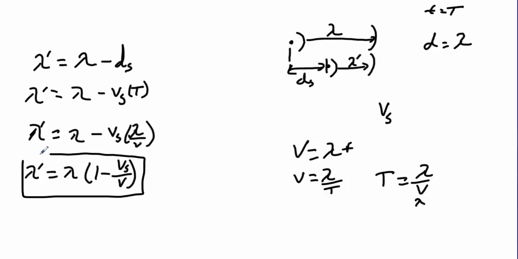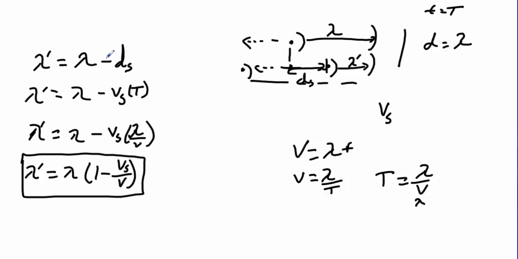Now this equation applies only when the source is moving towards us. So here's us, this is getting closer to us. If the source was moving away from us, if it was moving this way, then instead of a shorter wave, we would now have a longer wave, and it would be longer by ds.